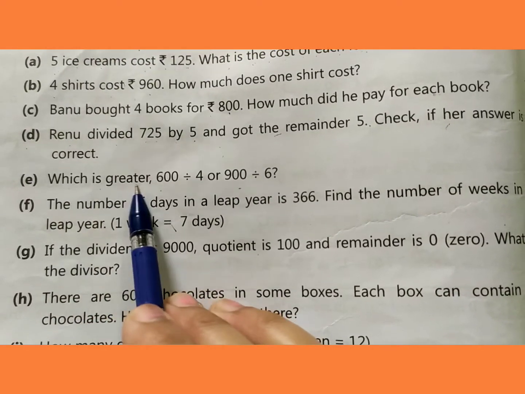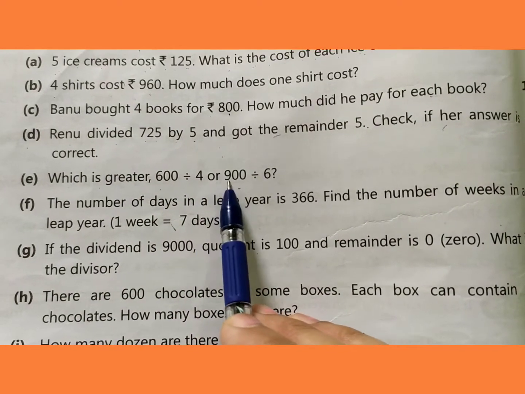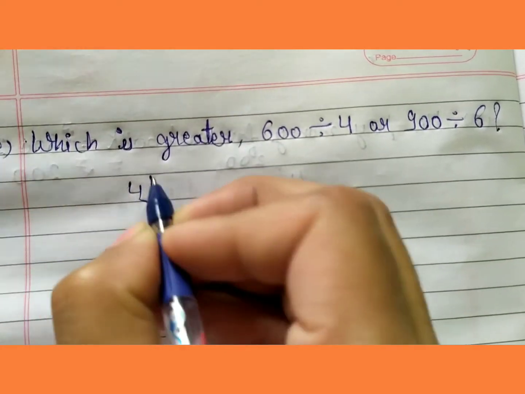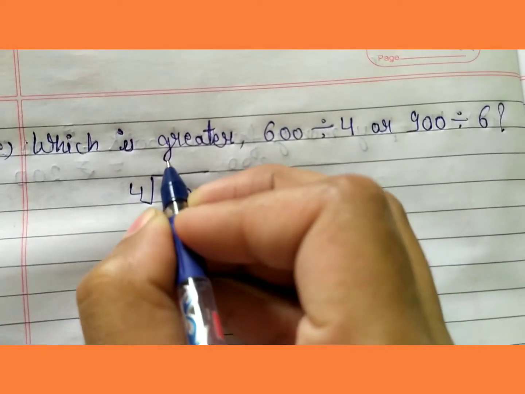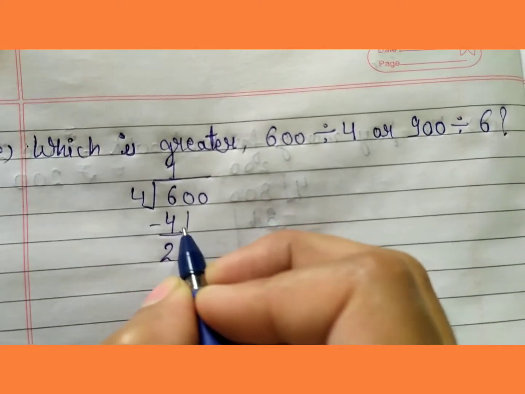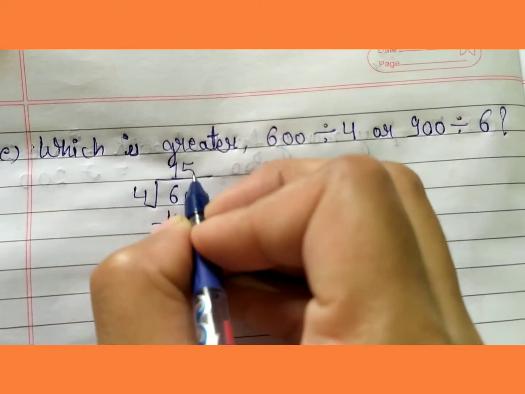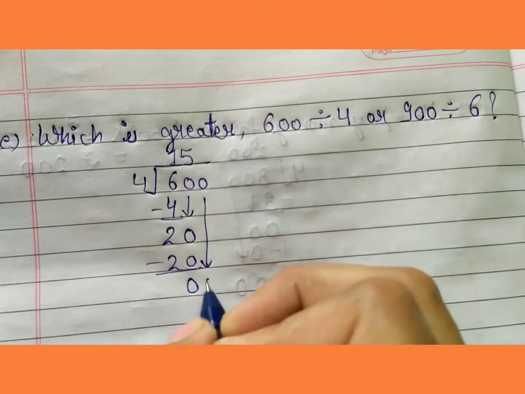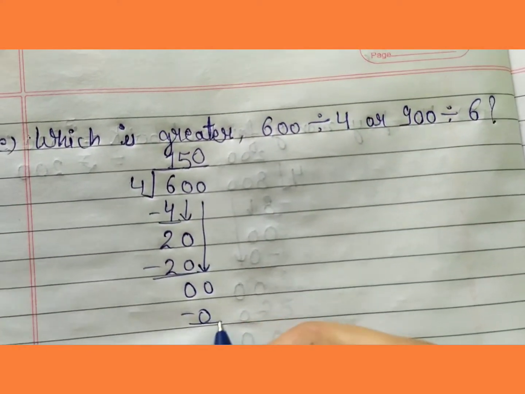Okay. Question number E. Which is greater, 600 divided by 4 or 900 divided by 6? 600 divided by 4. 4 ones are 4. 6 minus 4 equal to 2. Write 0. 4 5s are 20. 20 minus 20 equal to 0. Write 0. 4 zeros are 0. 0 minus 0 equal to 0.